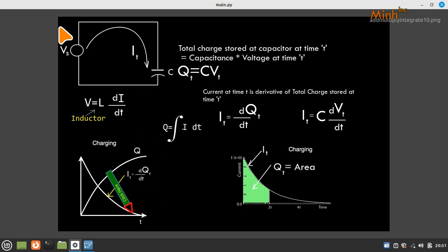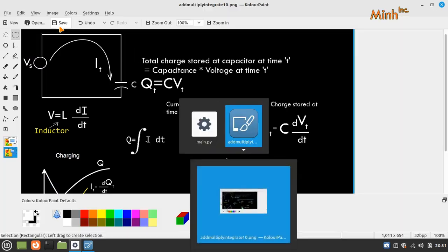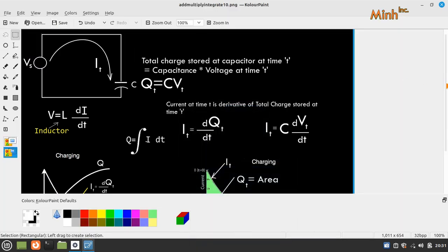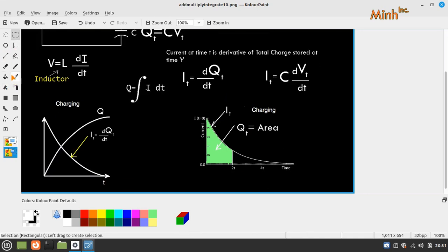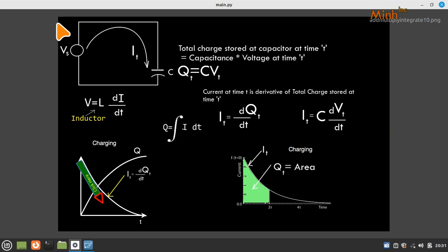So if this is the curve, we can see this yellow. This is the curve of I. If I calculate this area, here it is less, slowly it is growing, and the area is maximum here, complete.